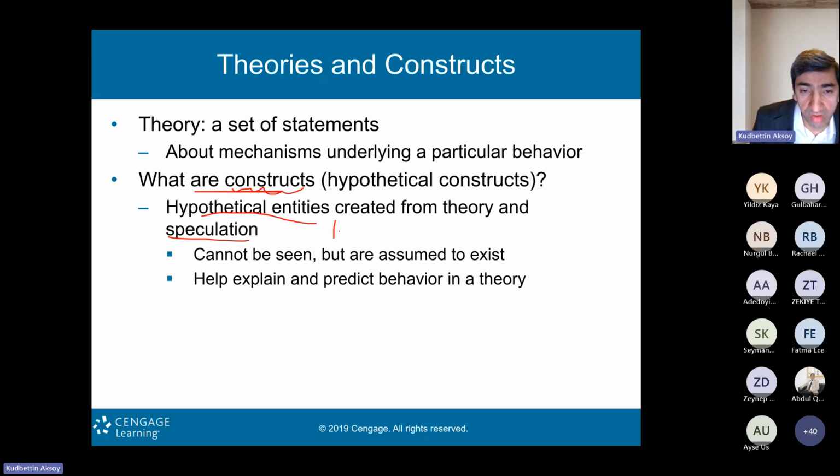Ultimately, our goal is to know about something. Okay? That's our ultimate goal. They cannot be seen. They're assumed to exist. Intelligence. You can't directly see intelligence. When you see two individuals, you don't necessarily understand one is smarter than you. They also help us explain and predict behavior, which is the whole purpose of theory.